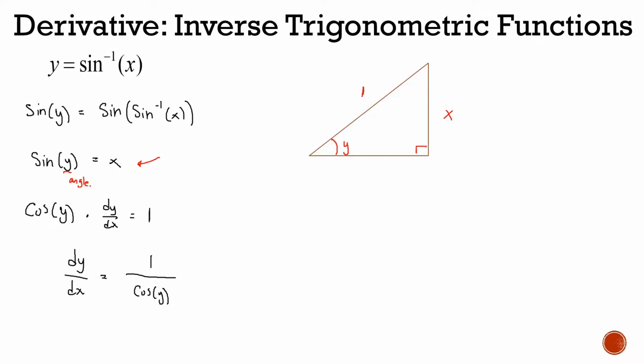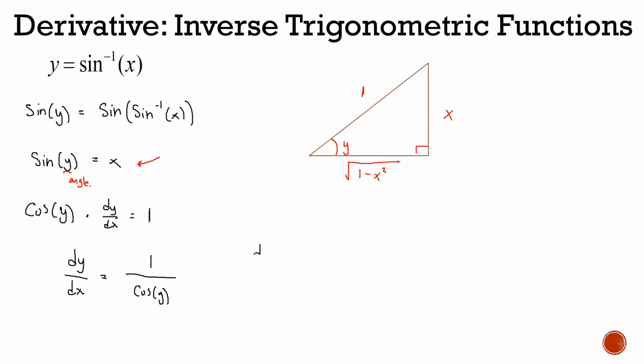Since this is a right triangle, we could use the Pythagorean theorem to figure out that this adjacent side will equal radical 1 minus x squared. So now, since we have an angle y, we could figure out what cosine of angle y is.